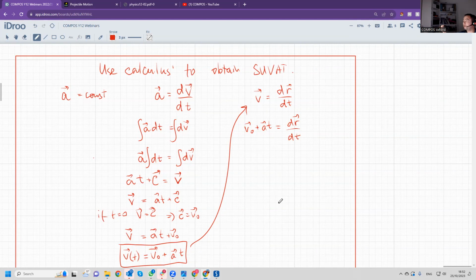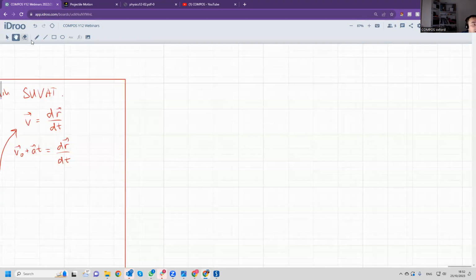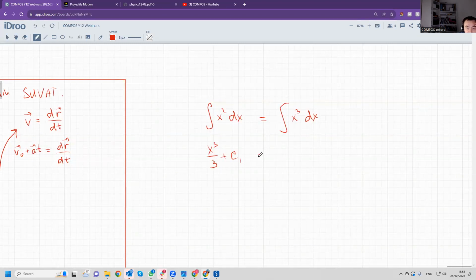Yes, there will be a c on both sides, but having c on both sides doesn't matter. Imagine you integrate x squared dx equals the integral of x cubed dx. This is going to be x cubed over 3 plus c1 equals x to the power 4 over 4 plus c2.